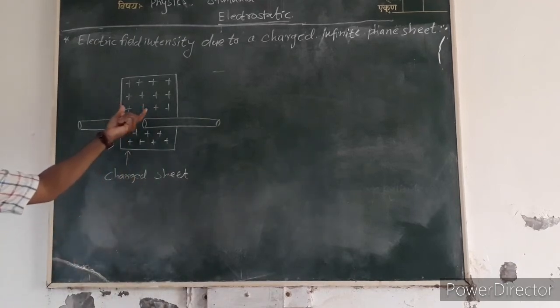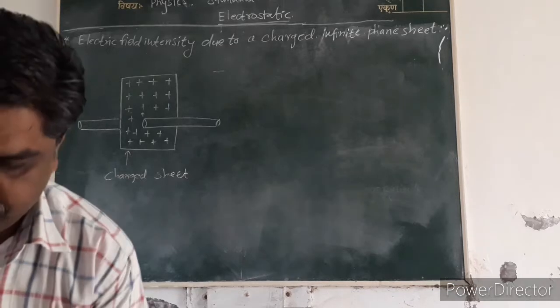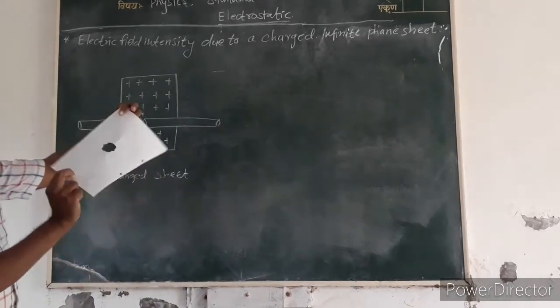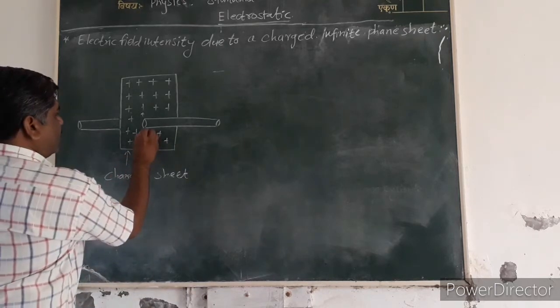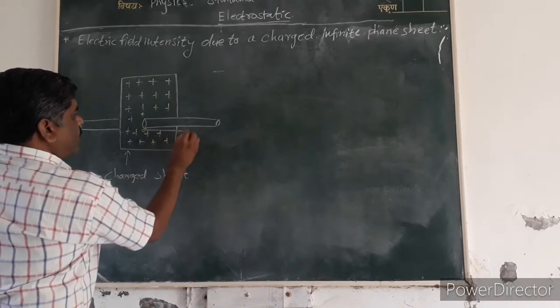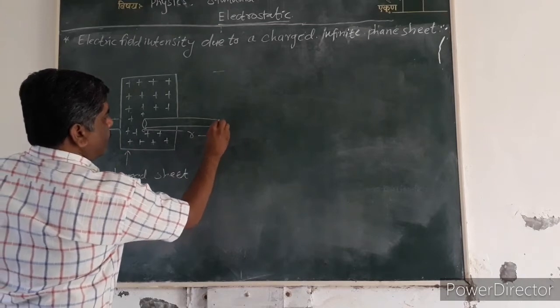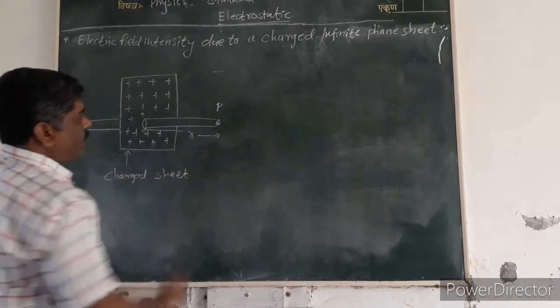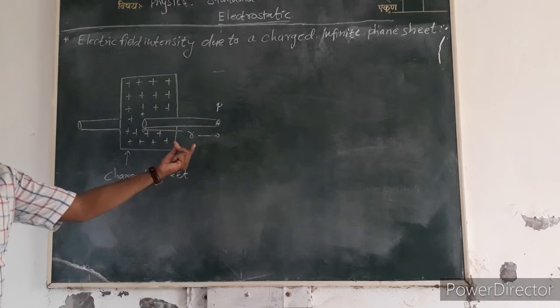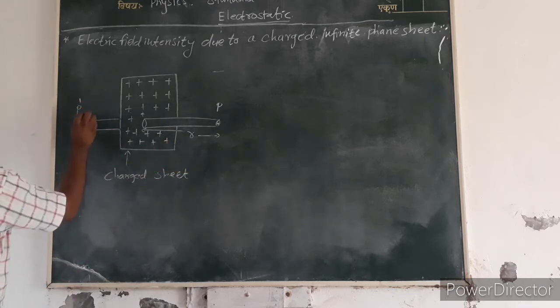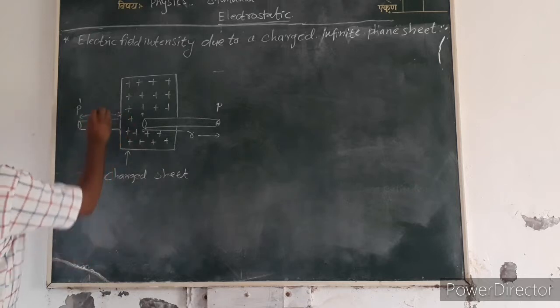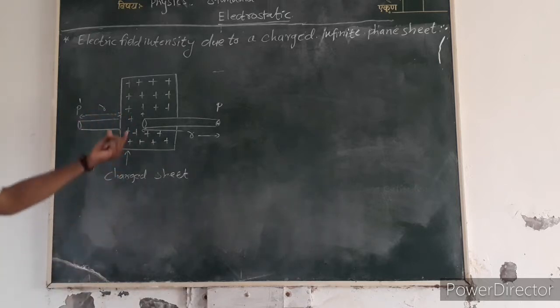But this sheet has two sides, this side and this side. Hence, suppose we assume a point P at a distance r, and also point P dash at a distance r from the cylinder or plane sheet.